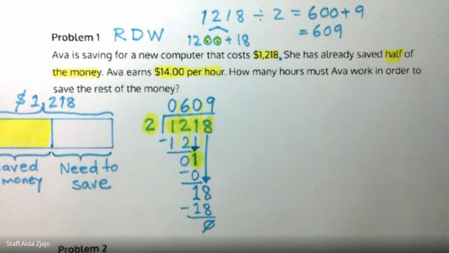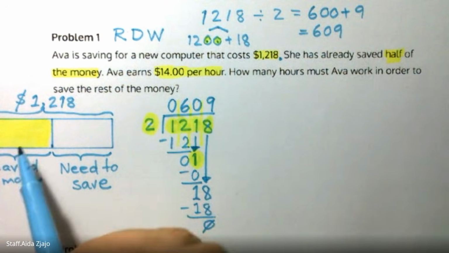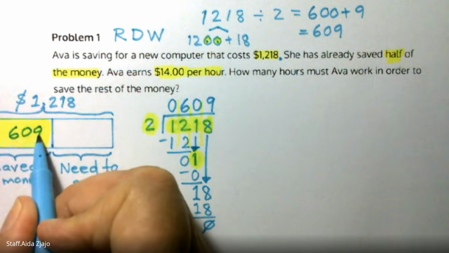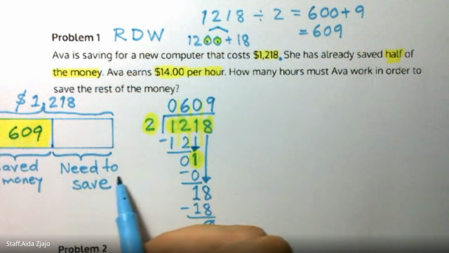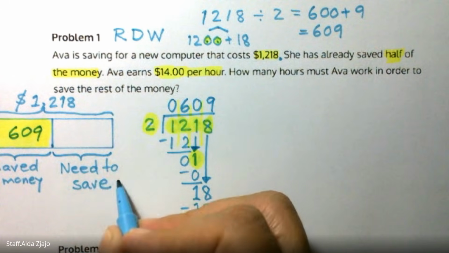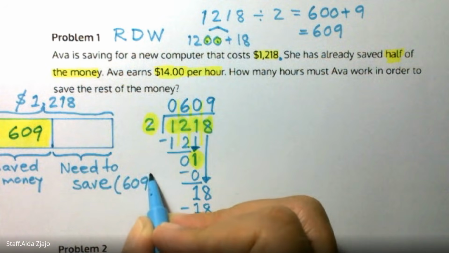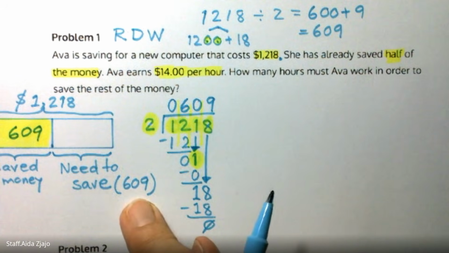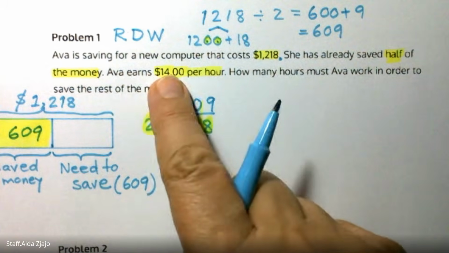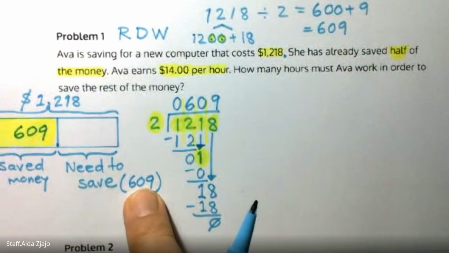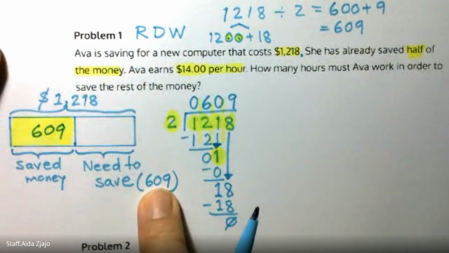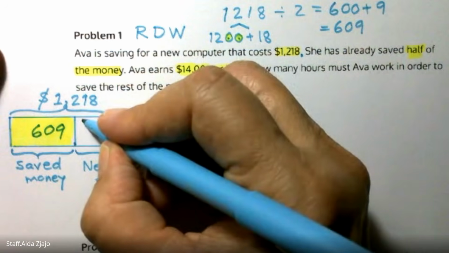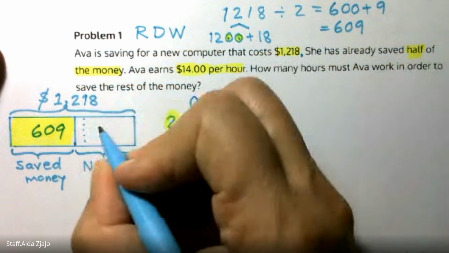Now we know that each of these is 609. So this half is 609, and she needs to save $609 also. But she needs to see how many groups of $14 are in this number, because that's how many hours she needs to work. So she needs to take this half and divide it into groups of $14.